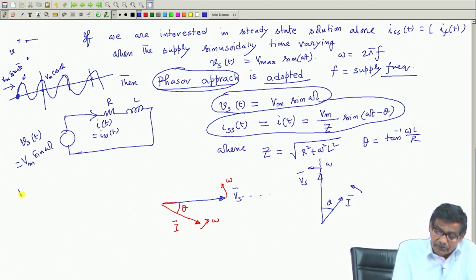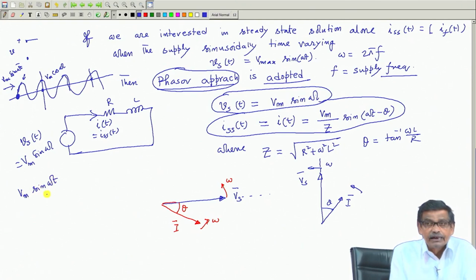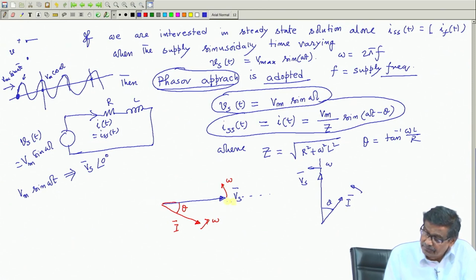Therefore, now the crucial point. This is the time domain expression of the supply voltage. I will write it as a phasor, and I will attach an angle of 0 degree, because this is my reference phasor. Then I will say my current, this is Vs, everything is real in our day to day life, nothing complex.